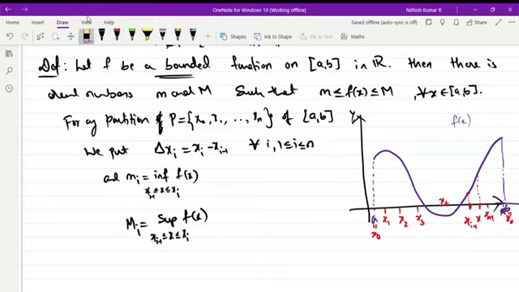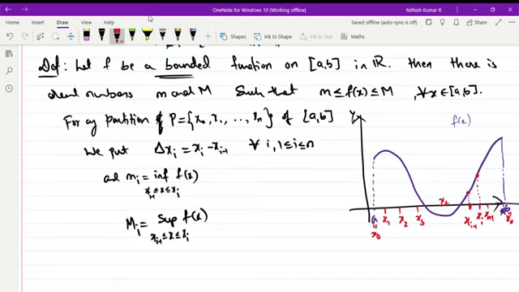This is small mi, and in this figure capital Mi is nothing but this point.